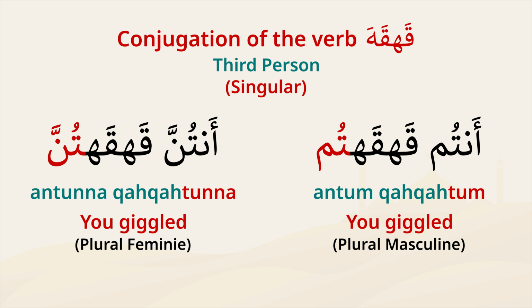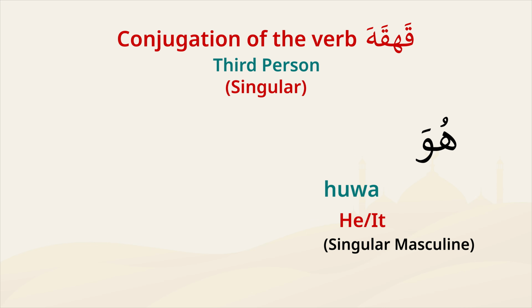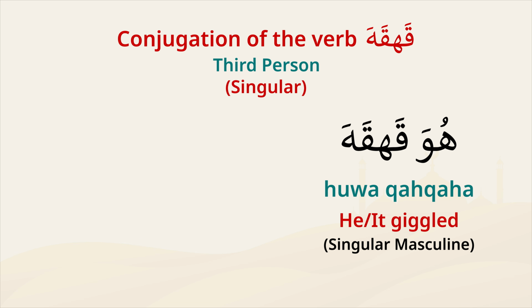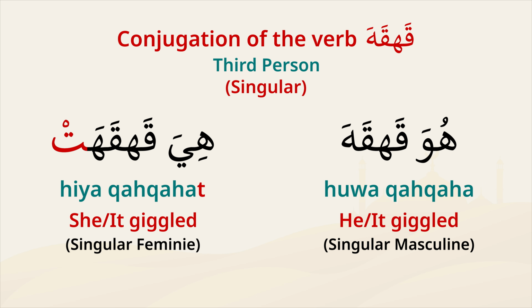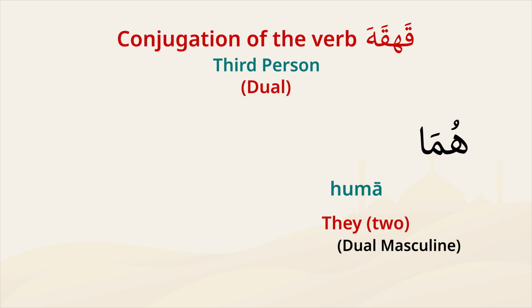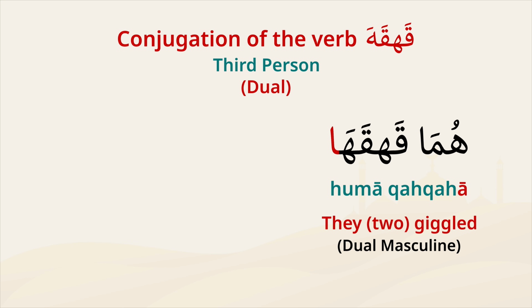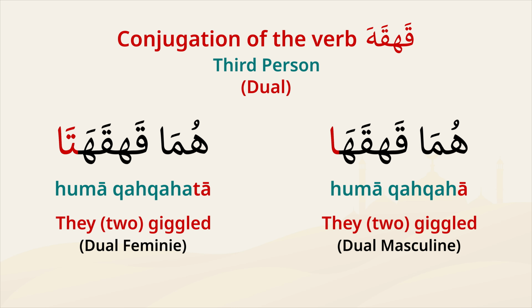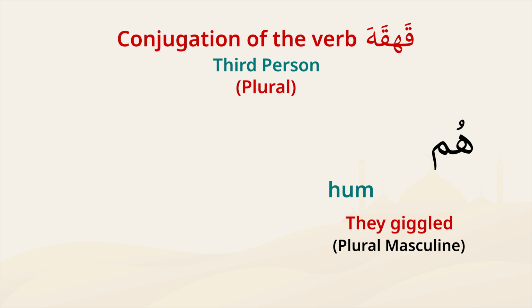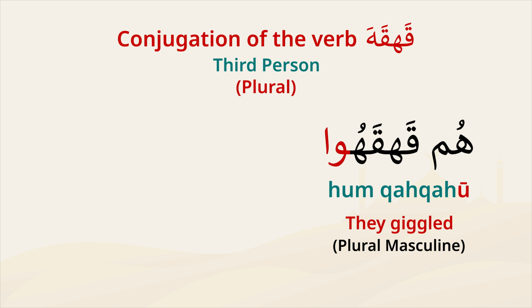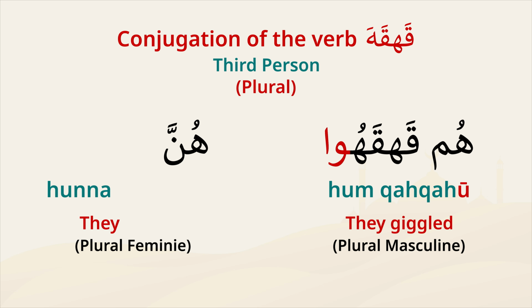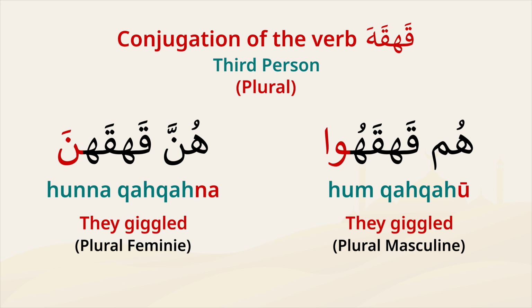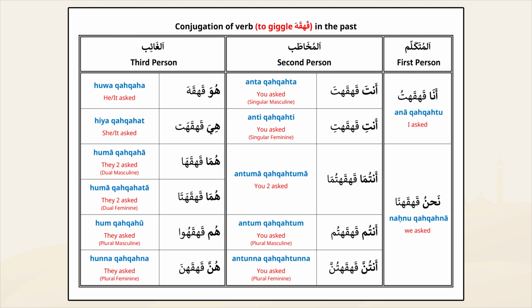And for third person, هو قهقه, هي قهقهت, هما قهقها, هما قهقهتا, هم قهقهوا, and هن قهقهن. And here is a complete table of this verb as well. It's also included in the PDF file.